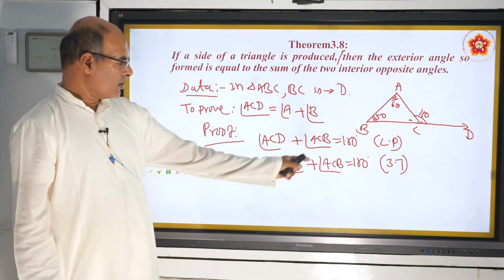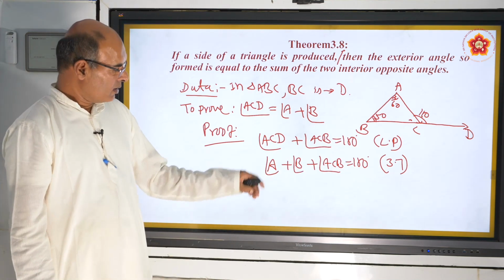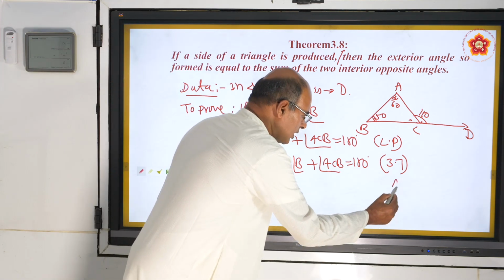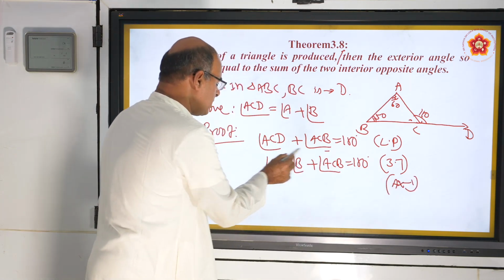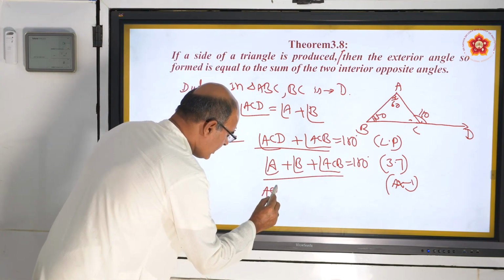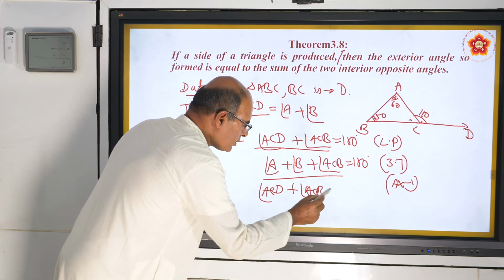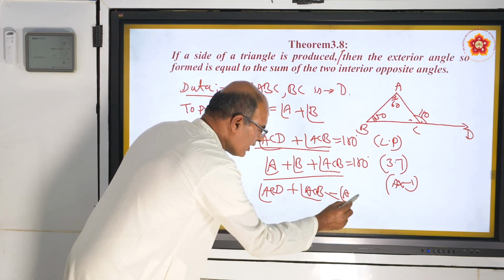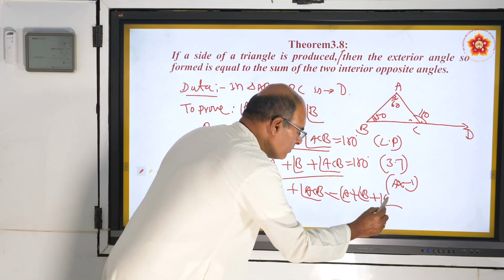Now compare this. In both the equations we have 180 degree on the right side. Apply the axiom number 1, things which are equal to same thing are equal. So we can write sum of these two is equal to sum of these three. That is angle ACD plus angle ACB is equal to angle A plus angle B plus angle ACB.